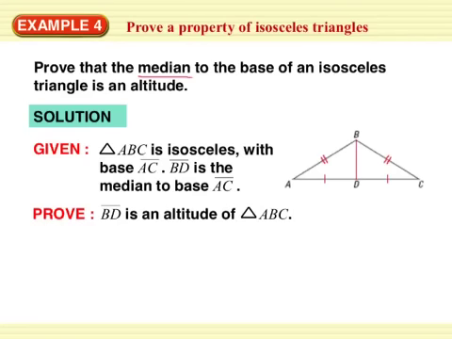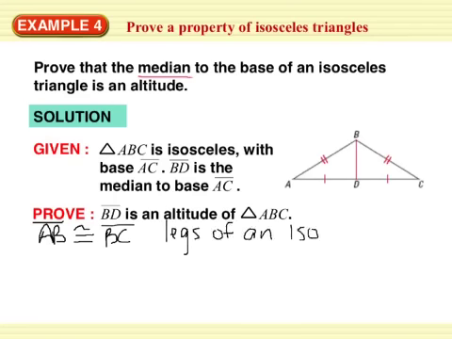So we can say that AB is congruent to BC, because they are the legs of an isosceles triangle.